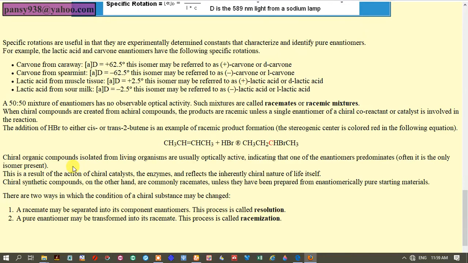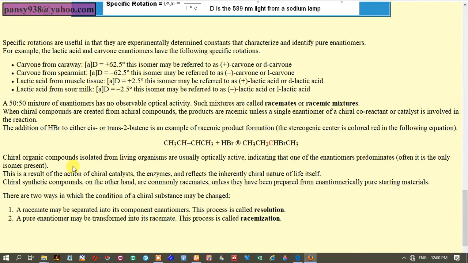Chiral organic compounds isolated from living organisms are usually optically active, indicating that one of the enantiomers predominates, and in most cases it is the only isomer present.